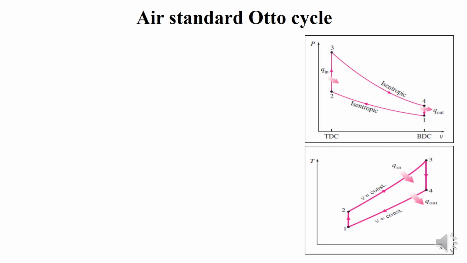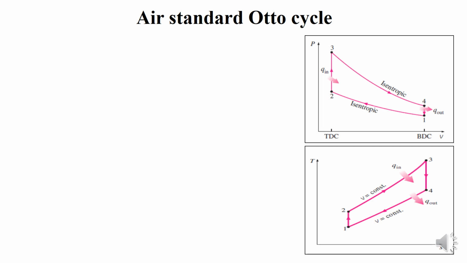2 to 3 is constant volume heat addition. Remember, it is a constant volume heat addition, hence it is a straight line, 2 to 3. Then 3 to 4 is isentropic expansion, that is reversible adiabatic expansion. And 4 to 1 is a constant volume heat rejection.